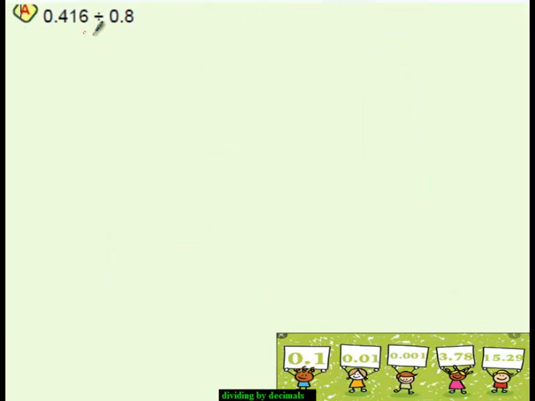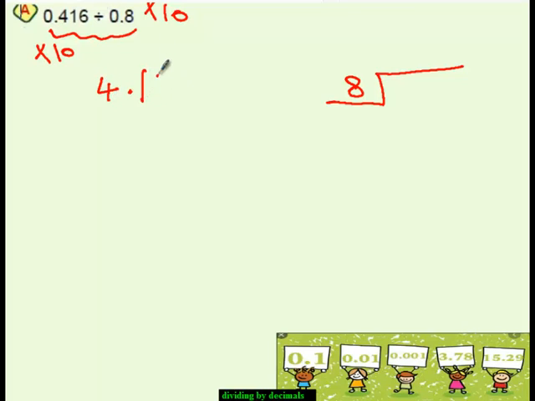Okay, let's see another example here. Okay, what should I do? By 10. I want you to solve this as homework, okay? And check your answer, okay? Here, 8. So the number after the decimal, 4.16 divided by 8, one step, by 8.